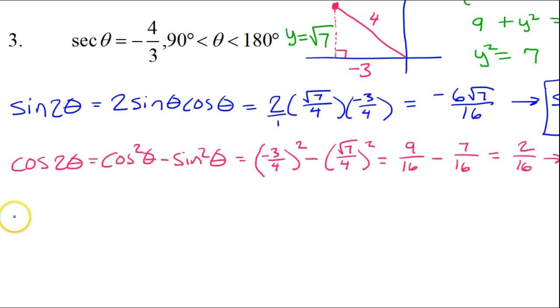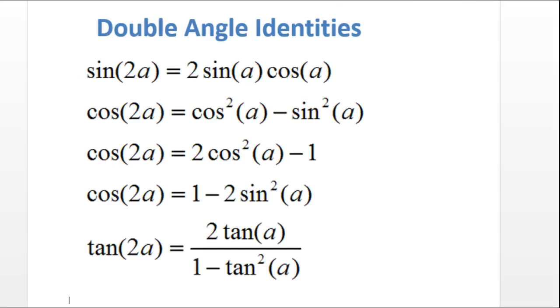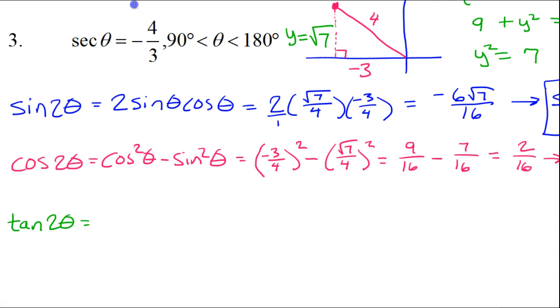Now it is time for tangent, which is always sort of the trickiest one. Alright, it's the most complex formula, so here we go. Tangent of 2 theta. Now according to the formula, that's going to be 2 tangent over 1 minus tangent squared. So I'm going to have 2 tangent over 1 minus tangent squared.